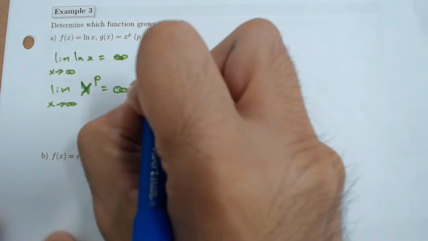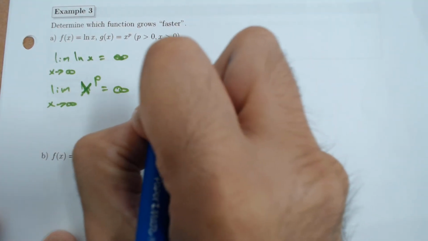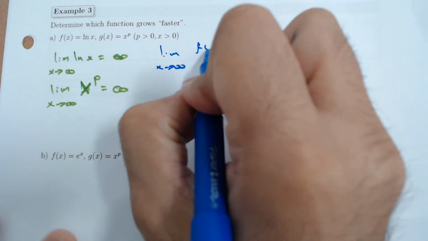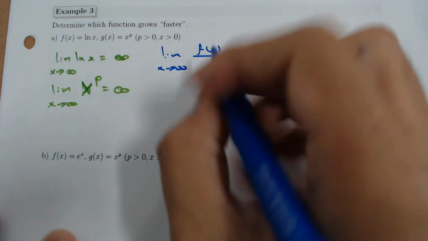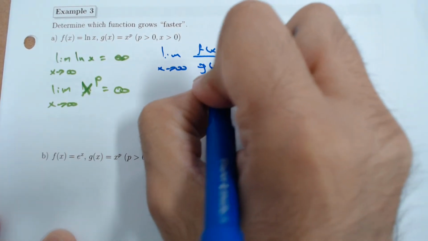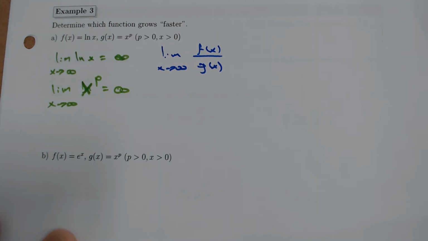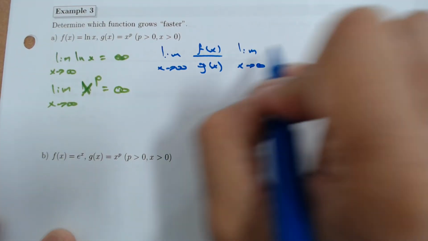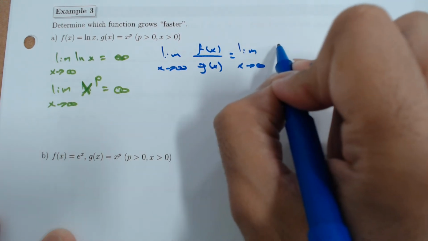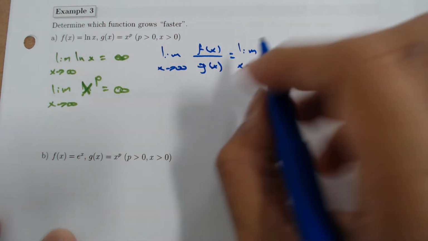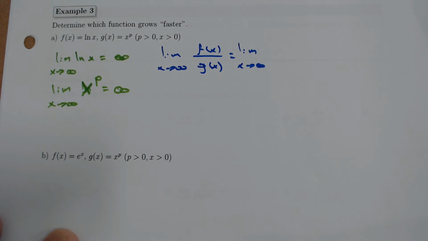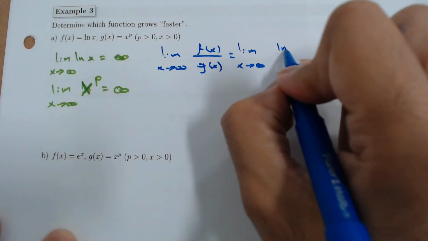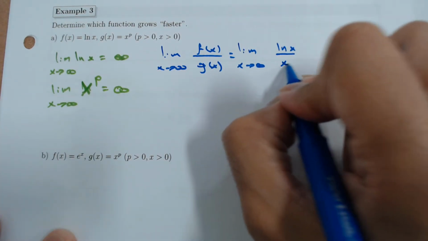Let's compare this, and let me set up the problem with f on top: f of x over g of x. So we have the limit as x approaches infinity of ln x over x to the p power.